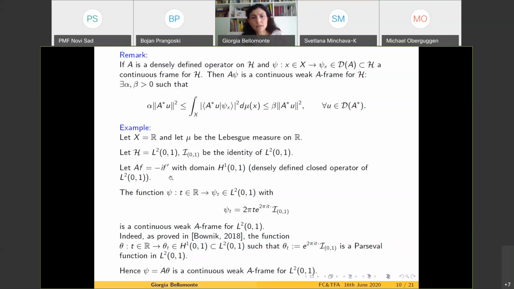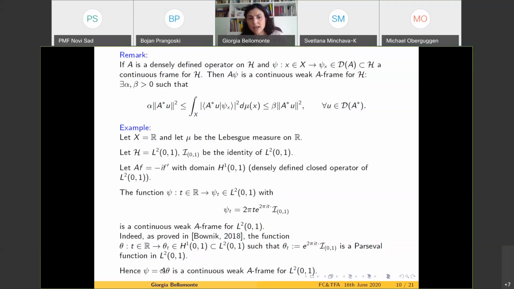Here is an example of a continuous weak K-frame. If we have the real line and we take as a measure the Lebesgue measure on the real line, and as a Hilbert space the space L2 on the open interval (0,1), and I is the identity of this space, and we take A as this operator with this domain, this function defined like this is a continuous weak K-frame for L2.